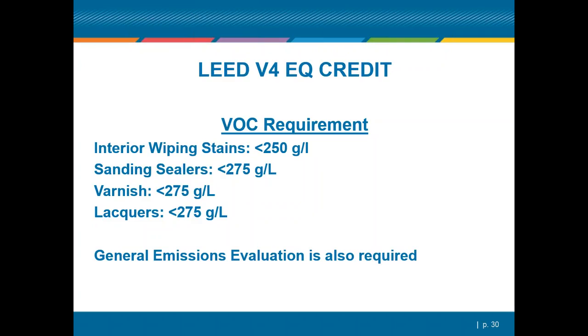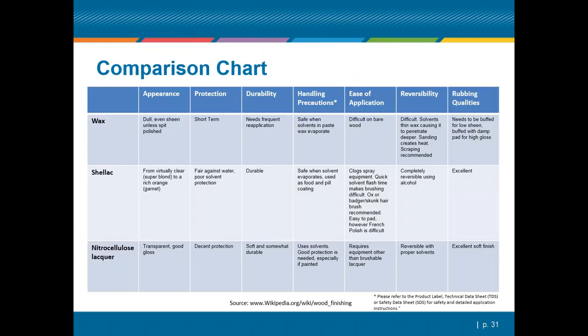Okay, thank you. All right, let's move on here. We have some comparison charts, and I'm just going to run through these relatively quickly. We pulled these off Wikipedia and tweaked them ourselves, but I want to give Wikipedia credit for the comparison charts.